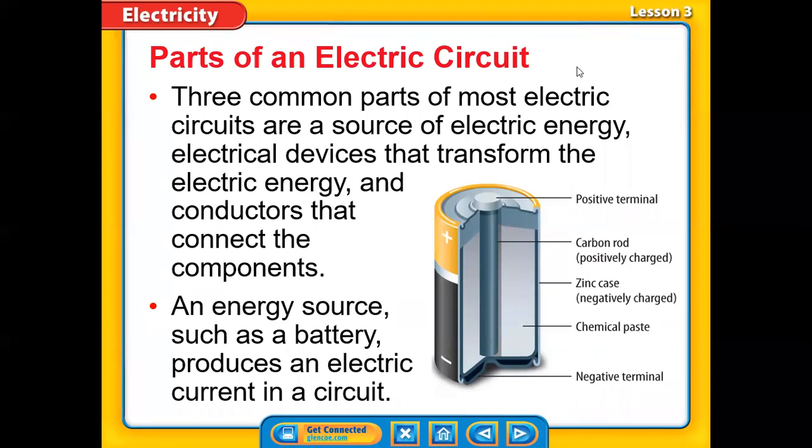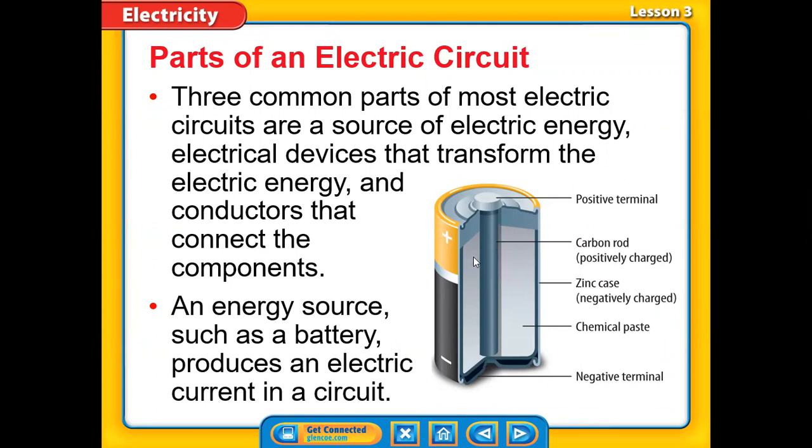The battery is made up of a zinc case that represents the negative pole, or the negative side of the battery. In the middle you can find a graphite rod or carbon rod that represents the positive one. They react due to an electrolyte, a substance found in the middle, which is the paste.